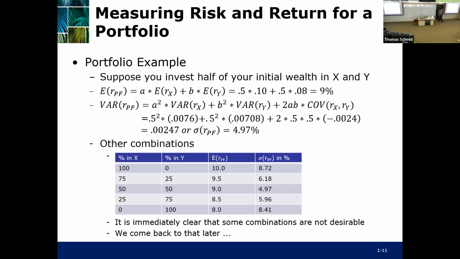If you're very risk averse, you say, I cannot tolerate 8.72, I prefer 8.41, so you would invest in Y. But now that we have looked at the portfolio combinations, we have realized that only Y is a bad choice. Combining Y and X gives us an opportunity to reduce the risk while at the same time increasing the expected return, which is a quite powerful result so far.